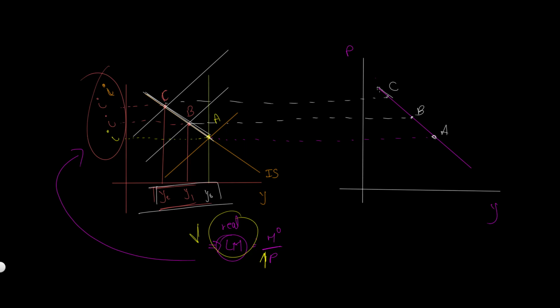As you will notice, if we draw a line through these three points, we will notice that as income increases, prices decrease, and as prices increase, income decreases, which is exactly in accordance with our aggregate demand curve.